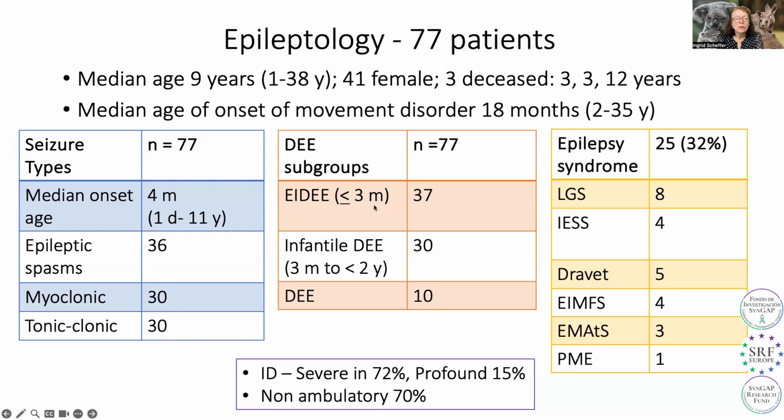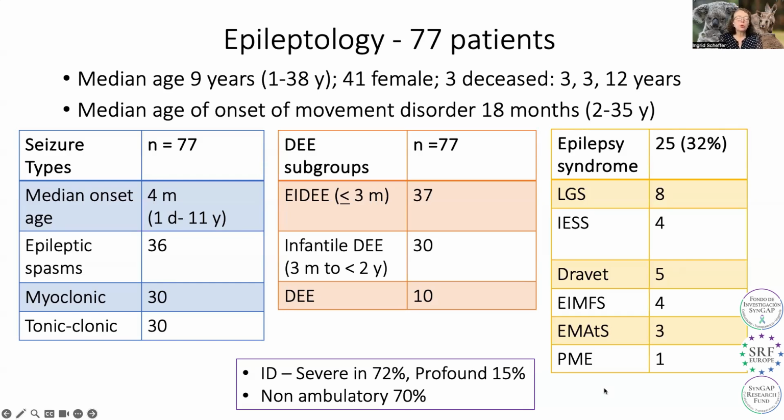The subgroups of developmental and epileptic encephalopathies, with over half having early infantile, which means it begins by 3 months, about 30 having infantile, and only 10 having later onset. And here you see the epilepsy syndrome in our cohort, with 8 having Lennox-Gastaut syndrome, 4 infantile epileptic spasm syndrome, 5 Dravet, 4 epilepsy of infancy with migrating focal seizures, 3 epilepsy with myoclonic atonic seizures, and 1 with progressive myoclonus epilepsy.